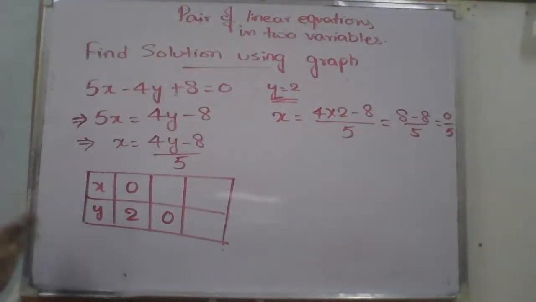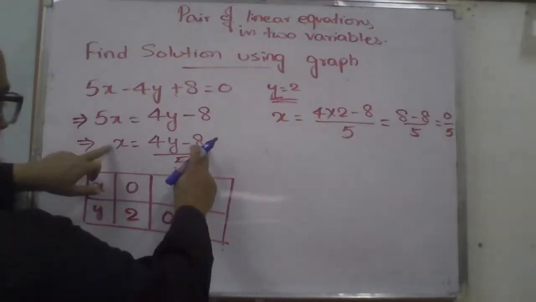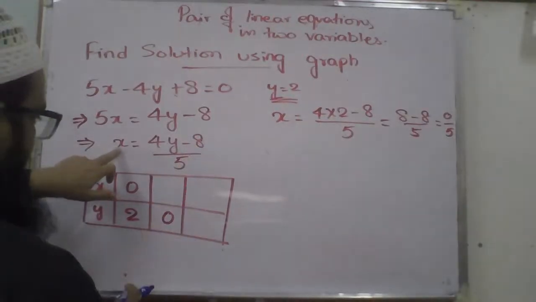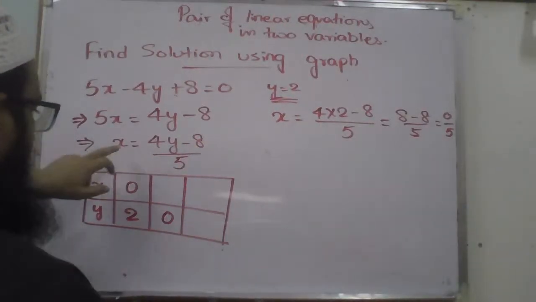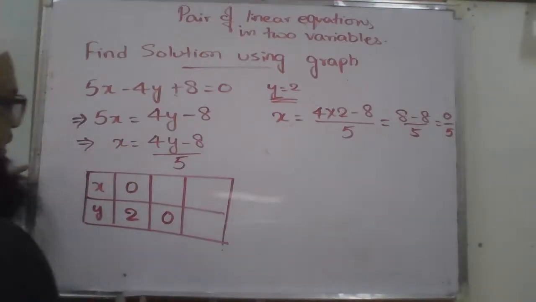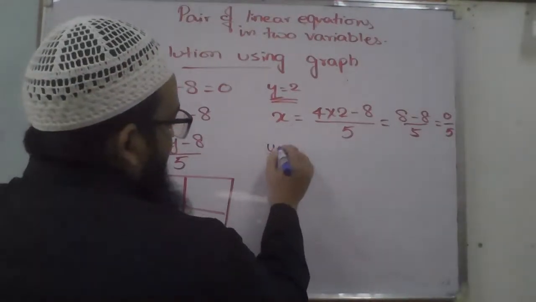So how do you do it? For example, let us take x is equal to 2. 5 twos are 10, no, it will not work out. x is equal to 3, 15 plus 8, also no. For 4, 5 fours are 20, 20 plus 8, yes, it will come, for y is equal to 7.